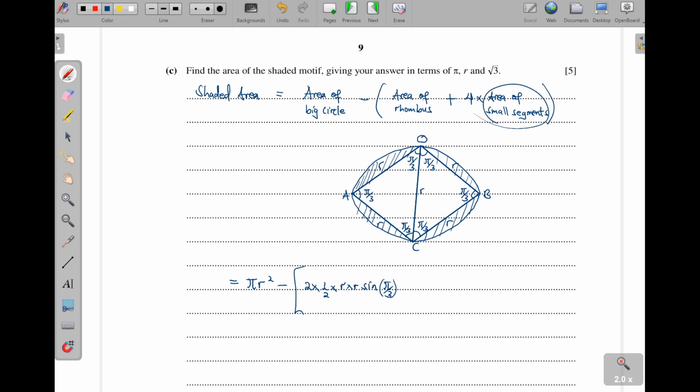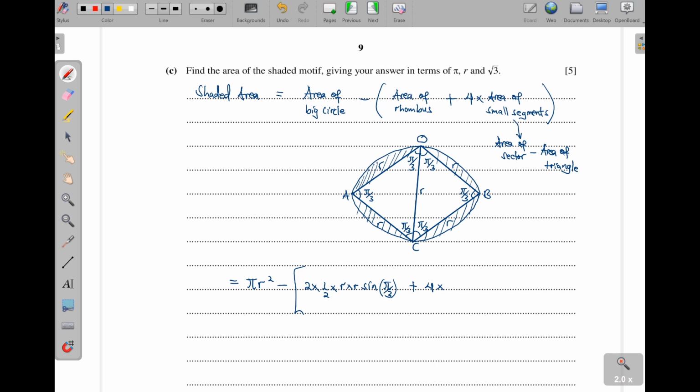Let's go to area of the segment. Remember, we have 4 times area of the segment, which is area of the sector minus area of triangle. Okay, that is how we get area of the segment.